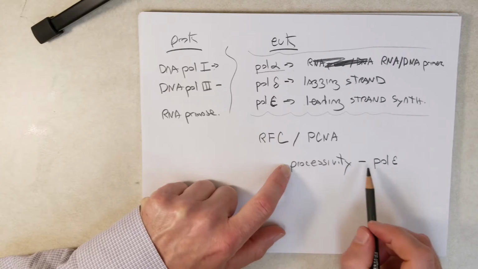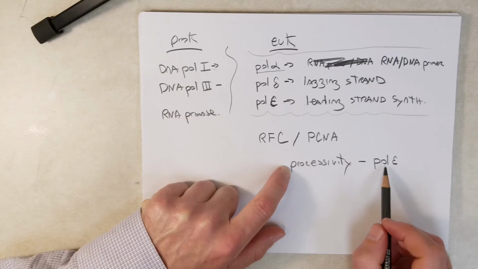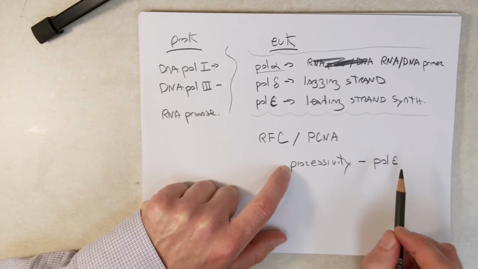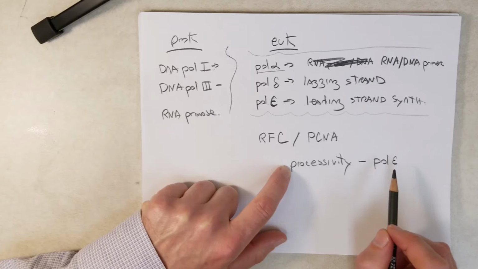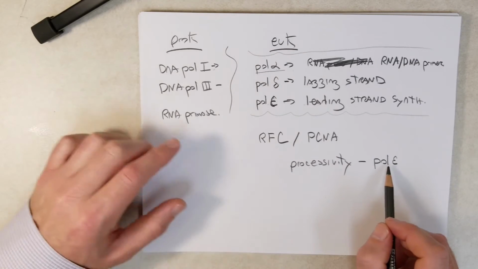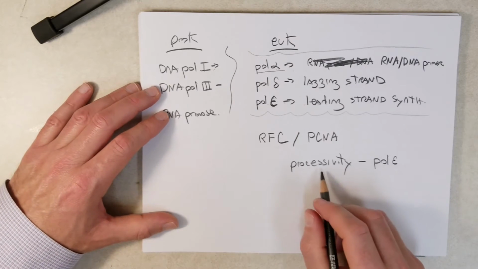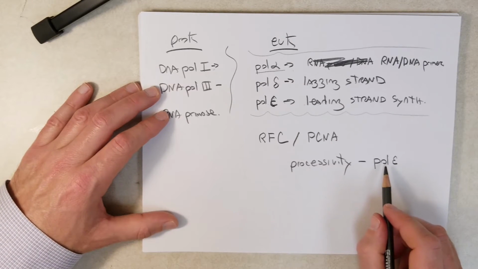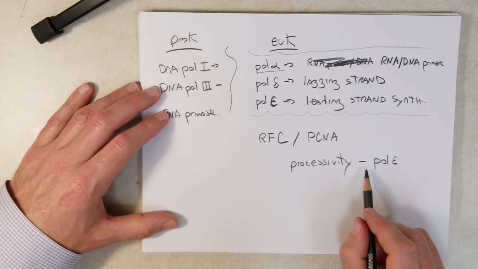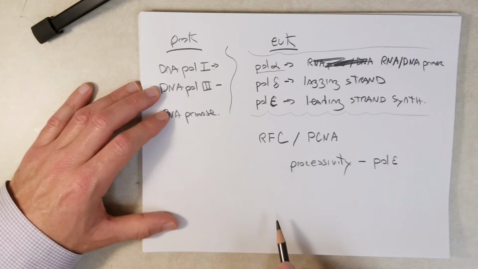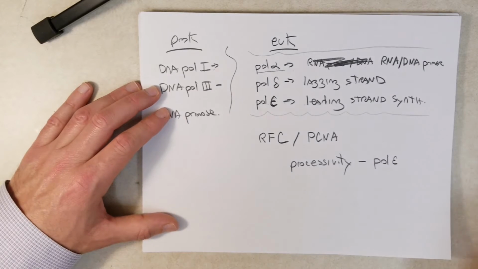Processivity with respect to a polymerase is the number of nucleotides in a DNA molecule that the polymerase will polymerize at one time before it dissociates from the template. So the higher the processivity, the more nucleotides are joined together by the polymerase before it falls off the template, whether accidentally or because the polymerase is finished.